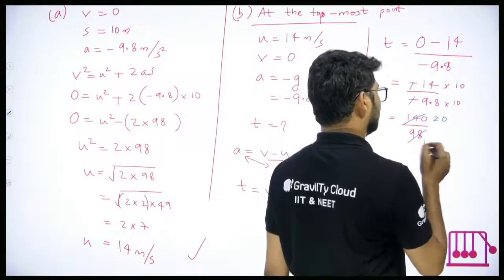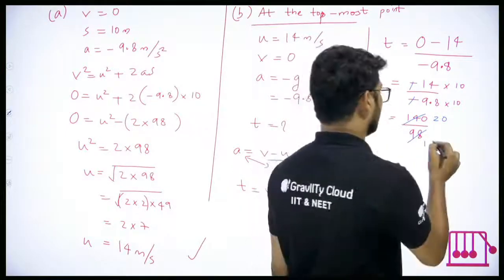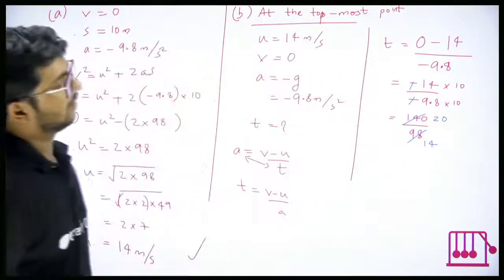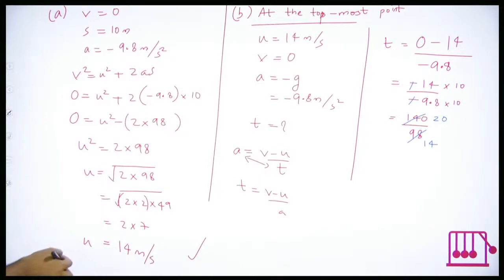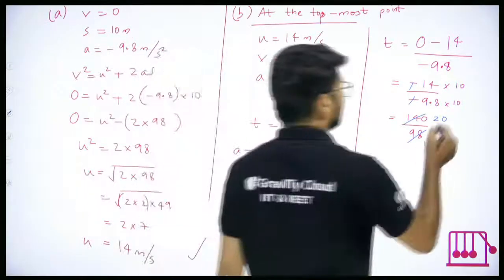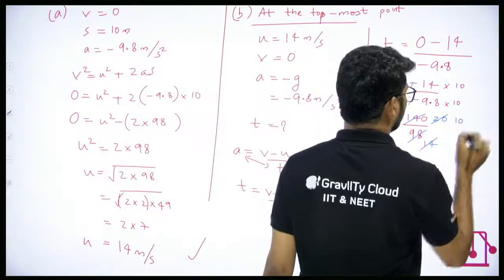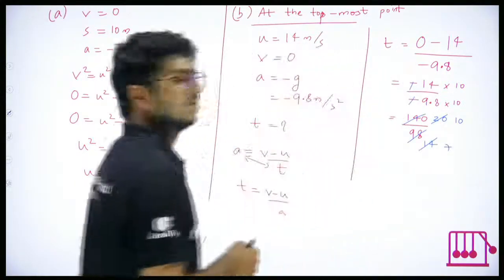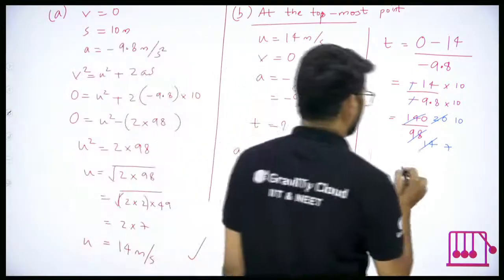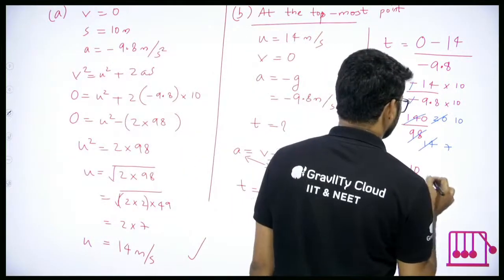And here it becomes 7 1s are 7, 7 4s are 28. Right? Then again you can divide with 2. 2 5s are 10, 2 7s are 14. That becomes equal to 10 by 7. SI unit, so 10 by 7 seconds.